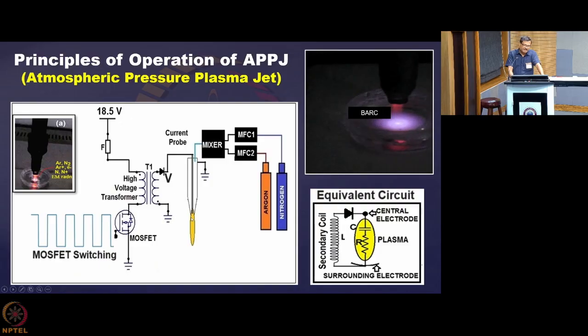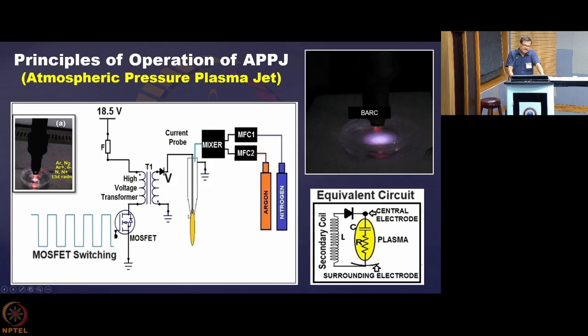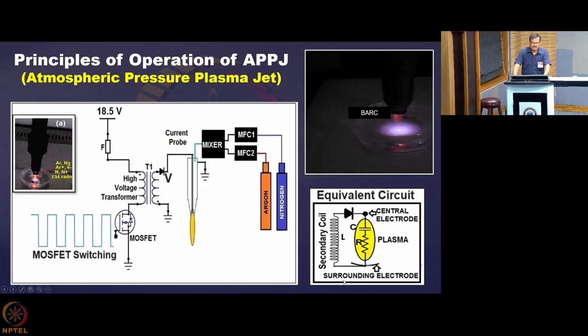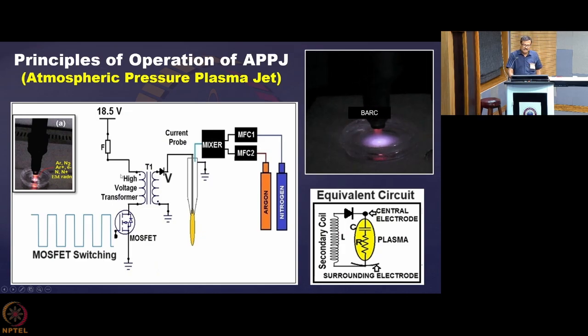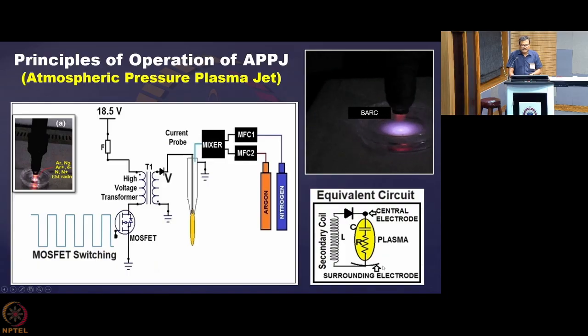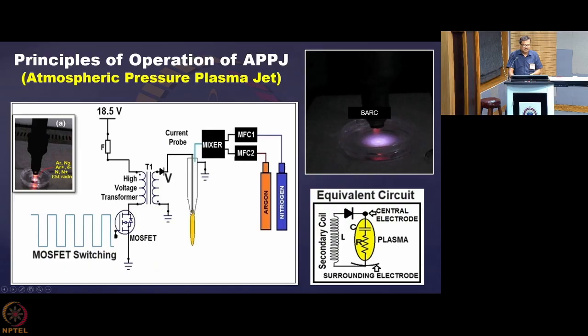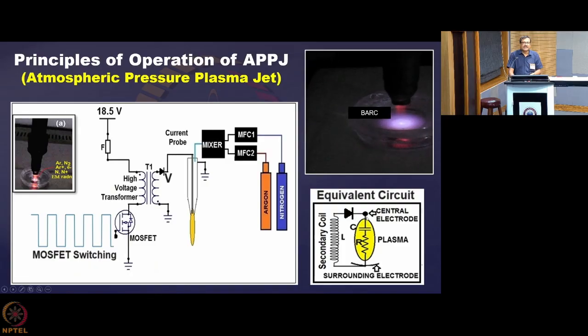Once it appears, the discharge starts and this plasma forms. What you are seeing here is the secondary coil, this secondary. Then this voltage is applied between, this is the outer electrode. You can say this is some circle, and part of the circle is shown over here. This is the grounded one, and this is the central live electrode.